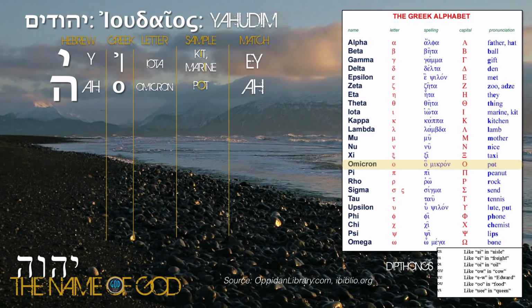The second letter is basically an O, but as pronounced in the English word, pot, ah. So what do we have? Is it the exact same? Well, no, and we didn't say it was, but that's not the intent here for us, nor those that translated this initially.